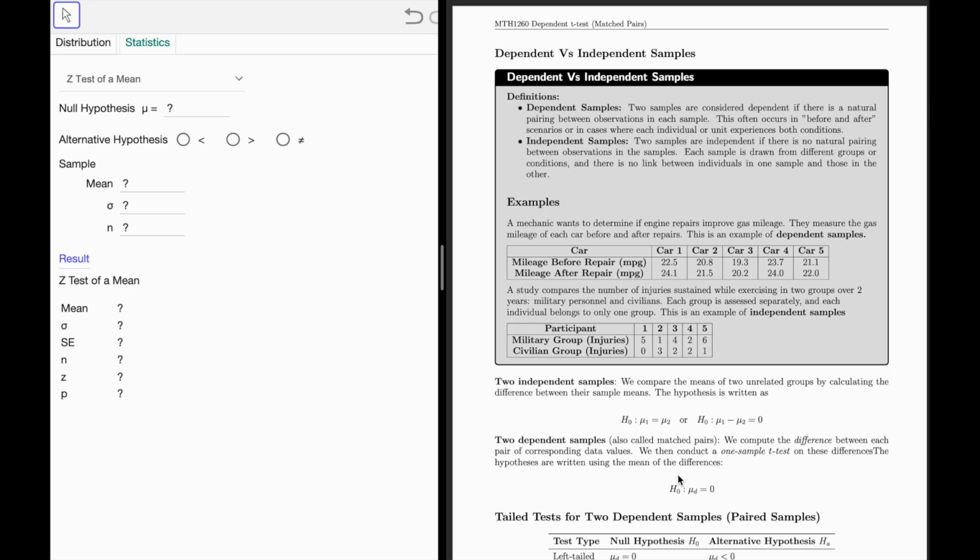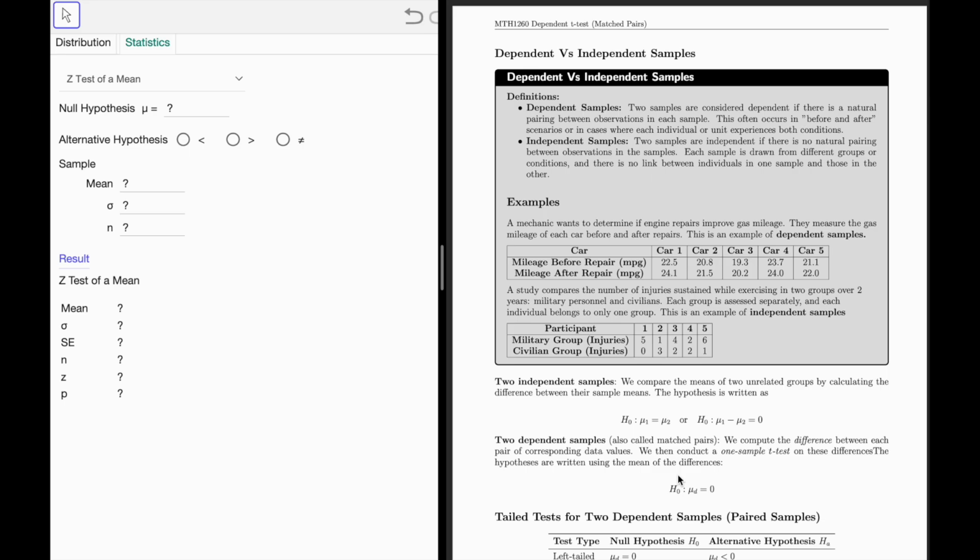So first, let's talk about the difference between dependent and independent, because it's important for you to be able to identify what situation you're looking at so you know what kind of test to run. So whenever you approach a hypothesis test with two samples, it's very important for you to read the problem carefully and identify if they're dependent samples or independent samples so that you know which method to use.